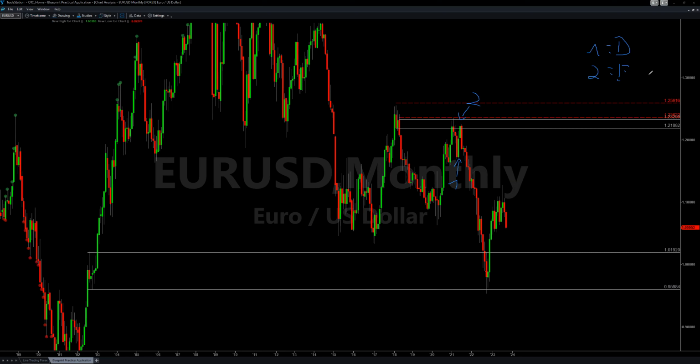That means we have our leg out. Is it correct? No, it's not correct. We have additional rules. Is number one abnormally bigger than the previous candle? Let's check candle one. No, it's not abnormally bigger than the previous candle, and that means it is not a rally.